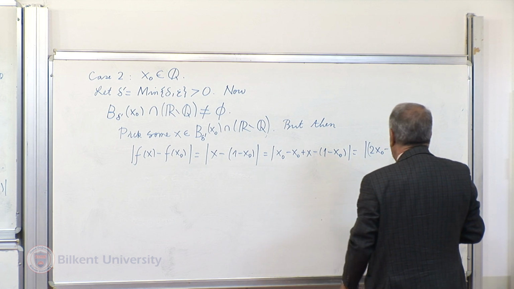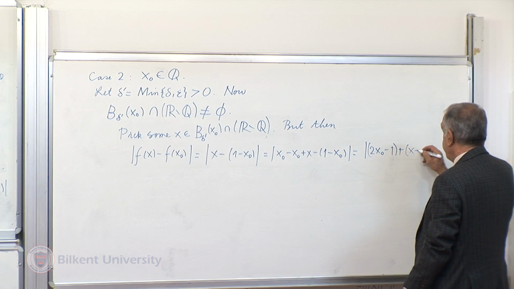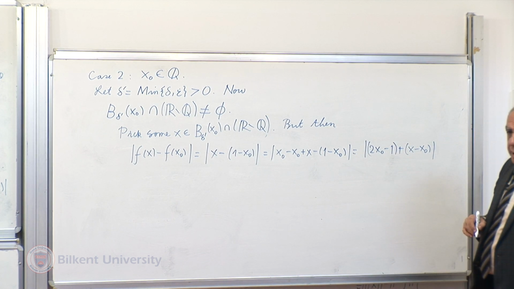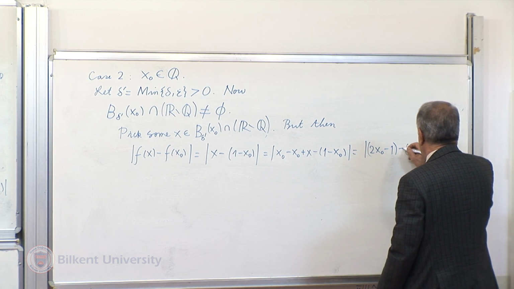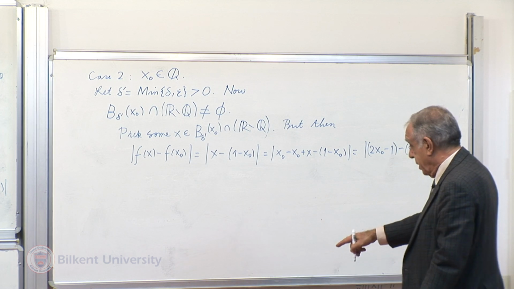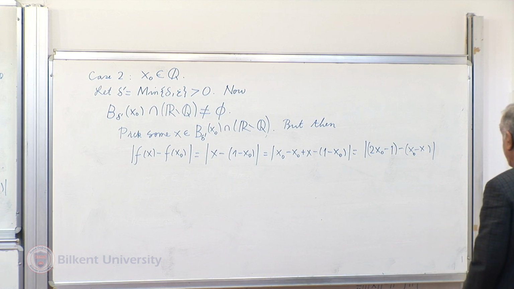And what remains is x minus x naught, or minus (x naught minus x), since we have written this in terms of x minus y.